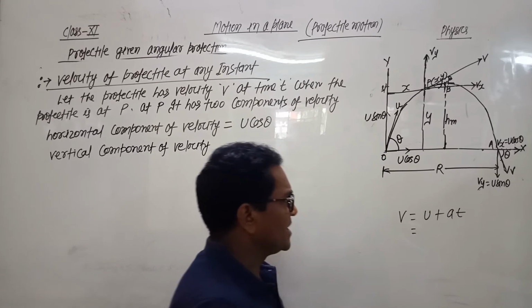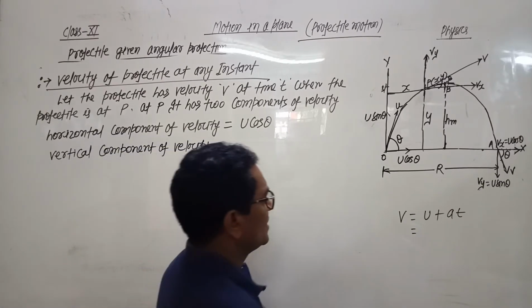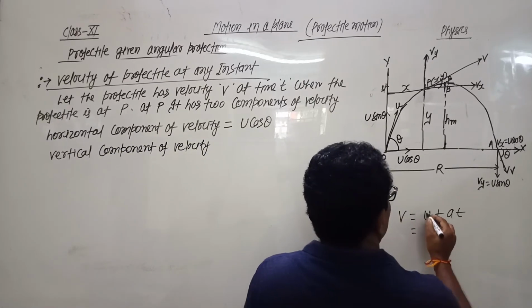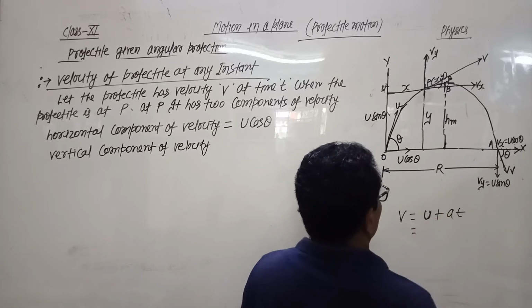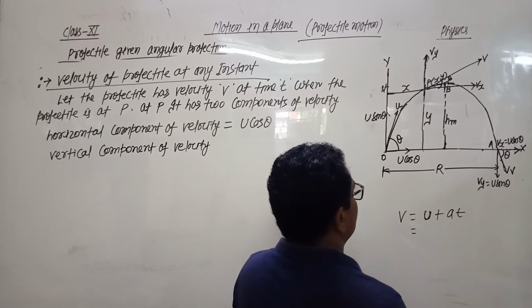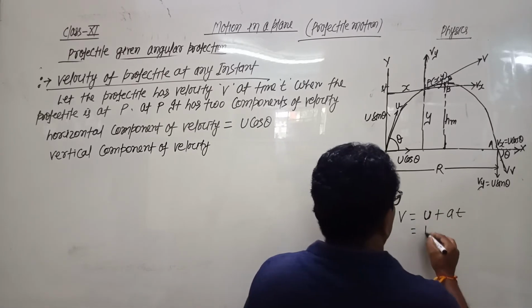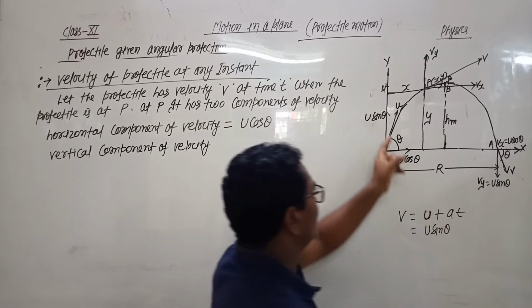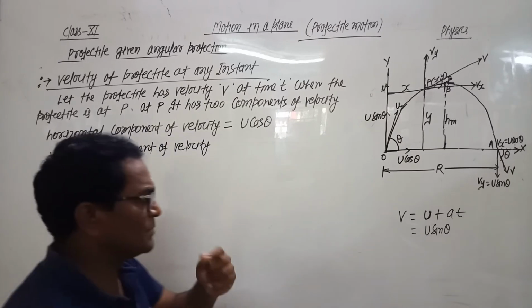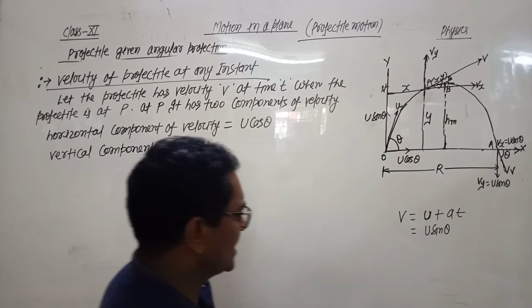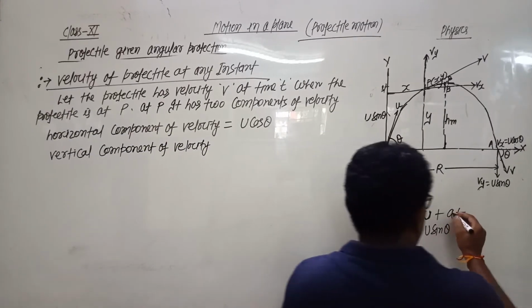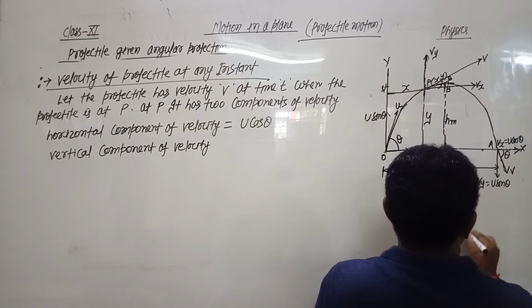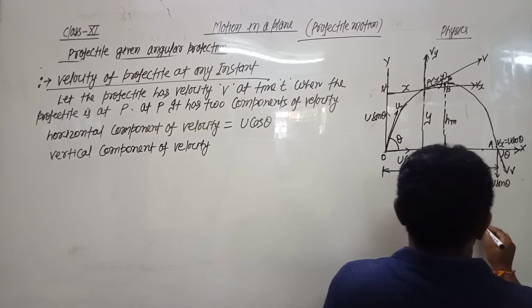The initial vertical velocity, by which the projectile was projected vertically, is u sin theta, and in place of a we use minus g, into t.